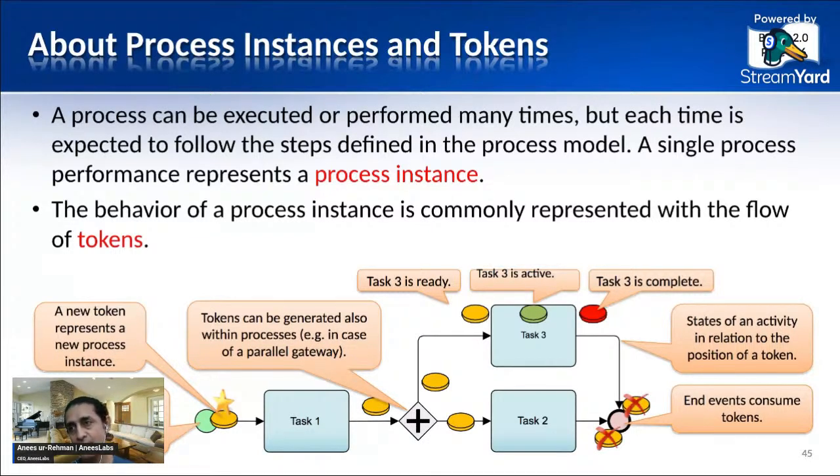So now you can understand that the token is the position. It shows the position of the process. The process instance remains the same. There can be multiple token instances. As you go through a parallel node, it can be two tokens but belonging to the same process instance.